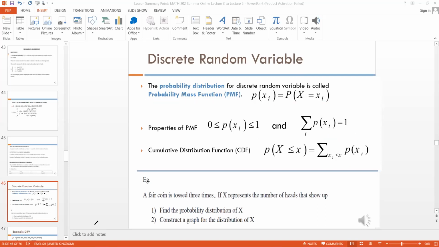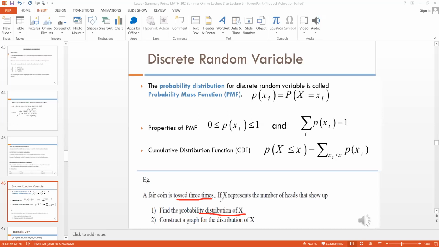So we are told that a fair coin is tossed 3 times. If X is the number of heads that show up, find the probability distribution of X. A fair coin is tossed 3 times, so we are tossing 3 coins and we expect 3 outcomes at a time.